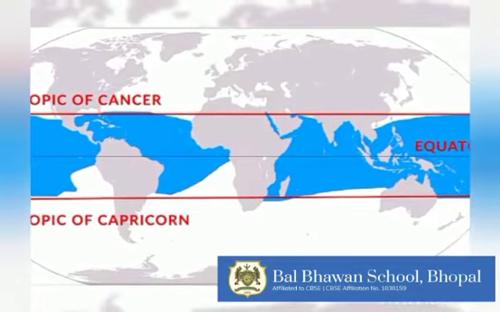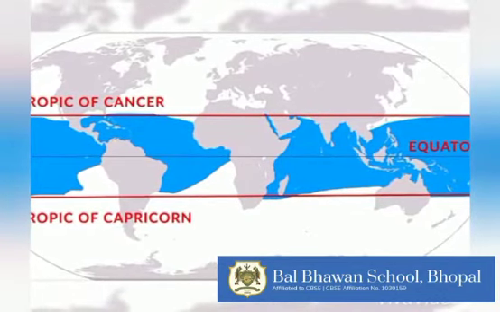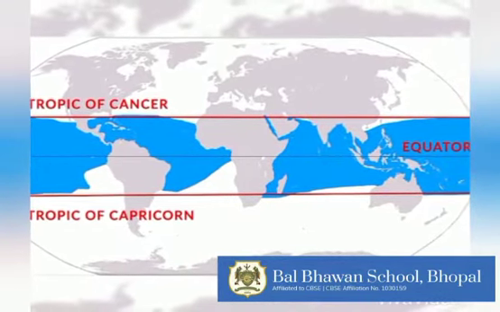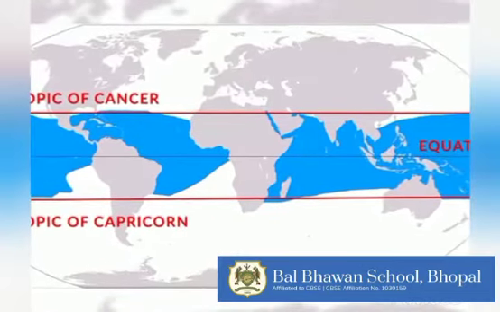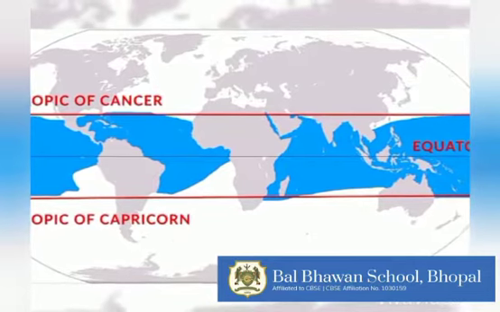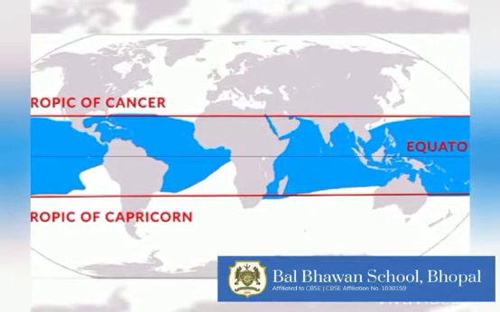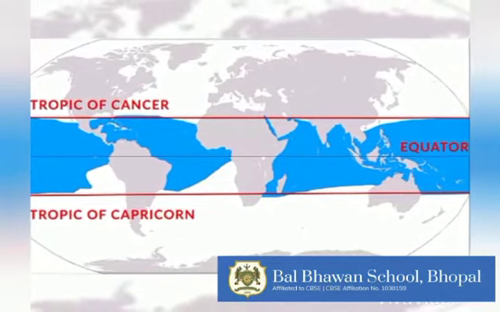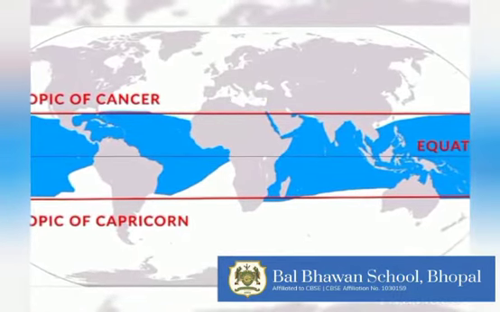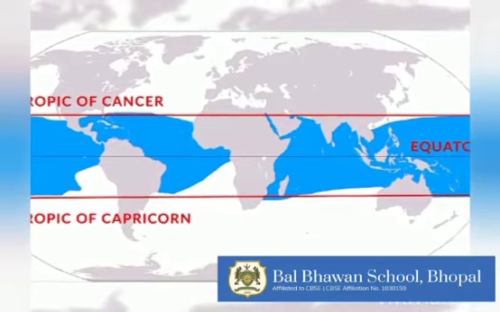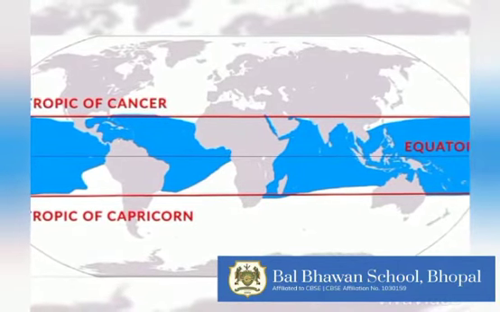Children, as you all know, the tropical region lies close to the equator. It extends between 10 degree north and 10 degree south. The subtropical region extends from 10 degree to 30 degree north and south latitudes. The Amazon River flows through the tropical region and has formed the Amazon Basin in South America.